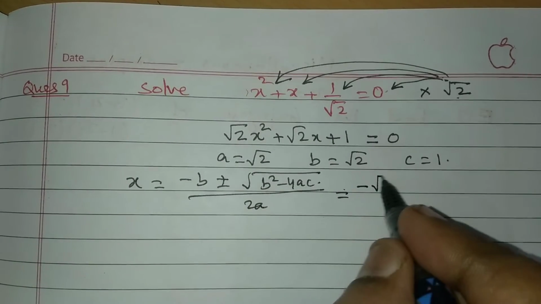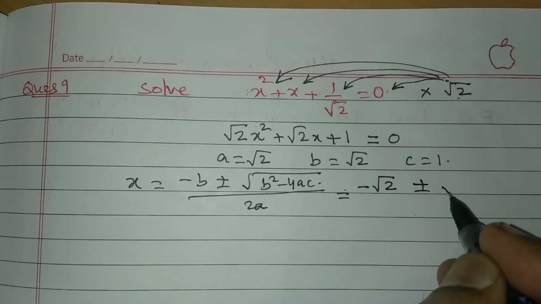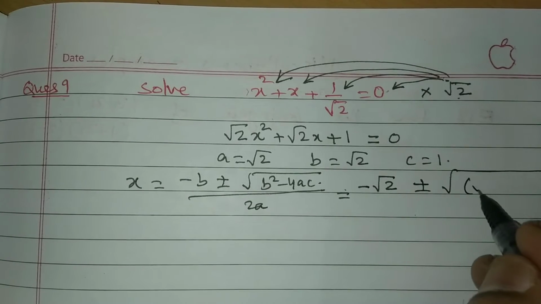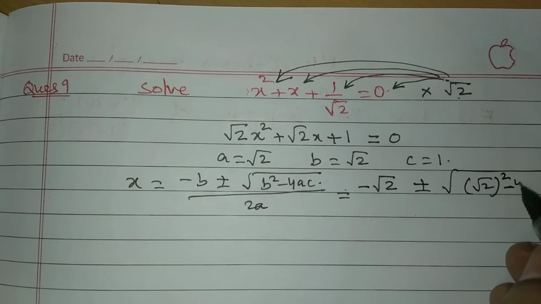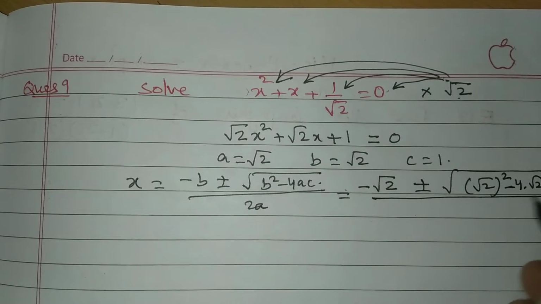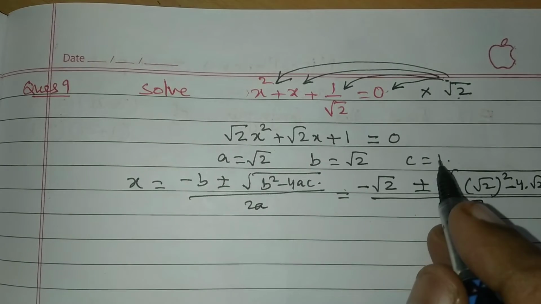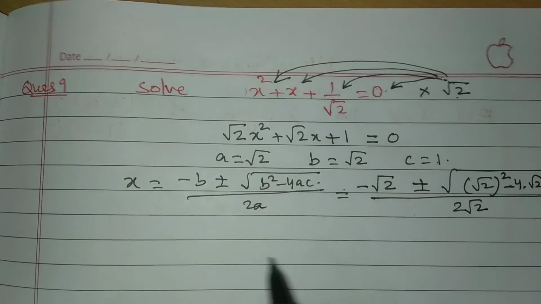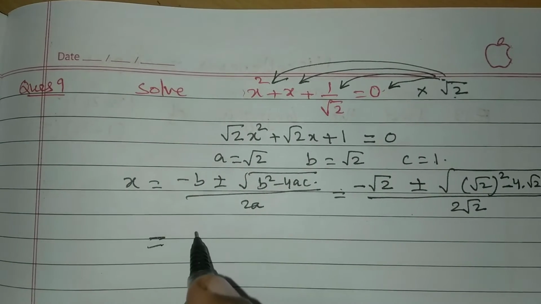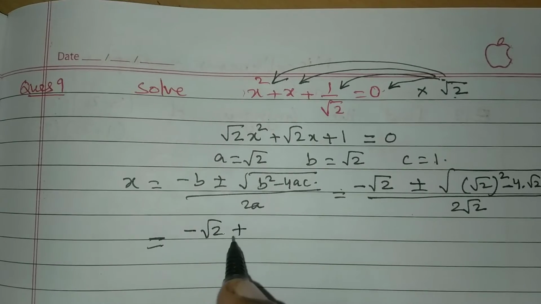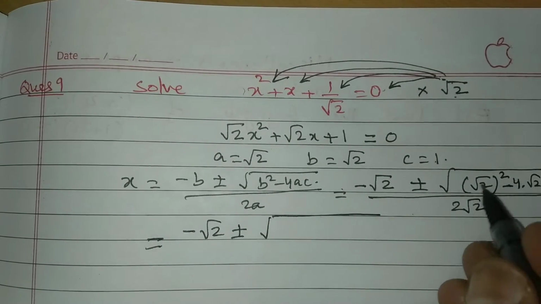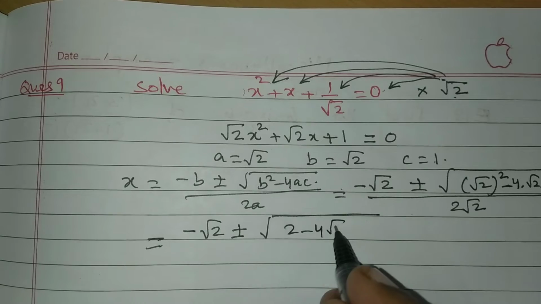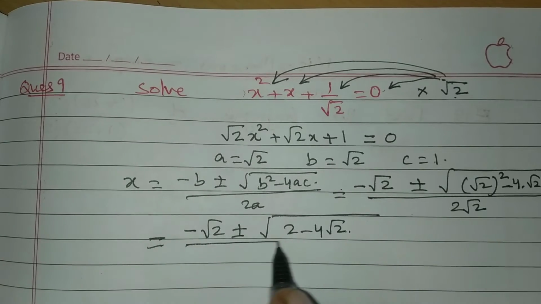So minus root 2 plus minus root under b square means root 2 square, and then 4ac, so 4 into root 2 and c is 1. So 4 into root 2, that's all. So minus root 2 plus minus root under, this is root 2 square means 2, minus 4 root 2, divided by 2 root 2.